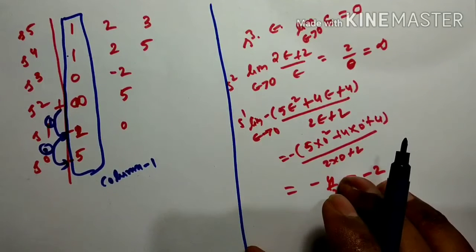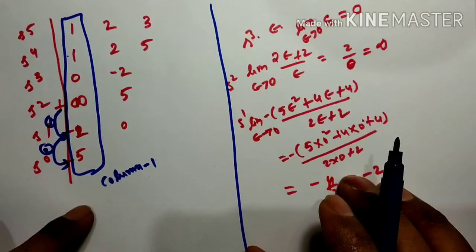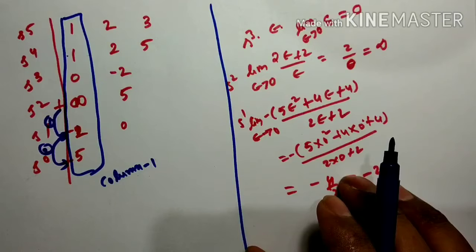How many sign changes are in the first column of the Routh array? Two sign changes. Two sign changes means two poles are located in the right half of the S plane.